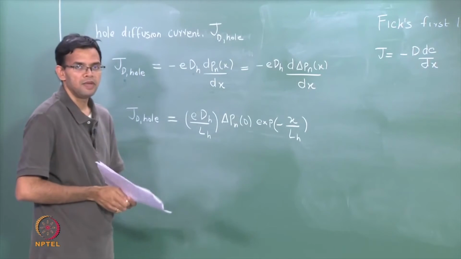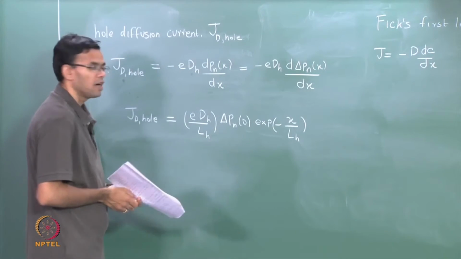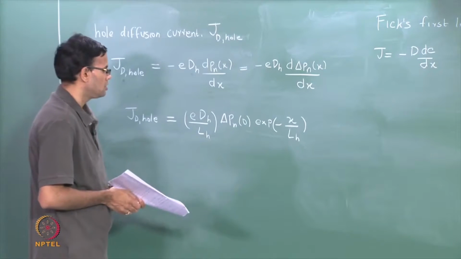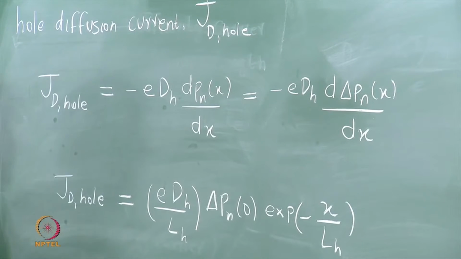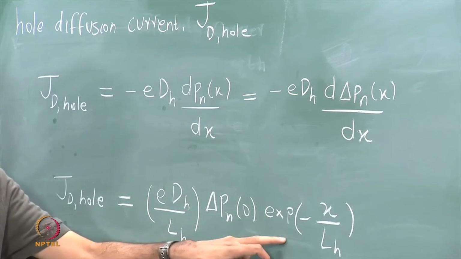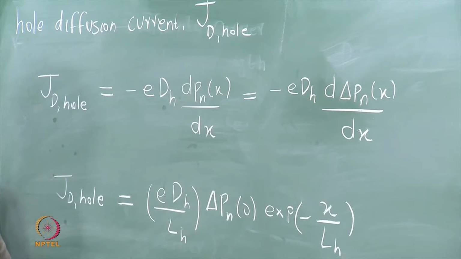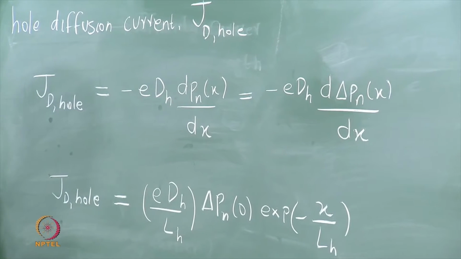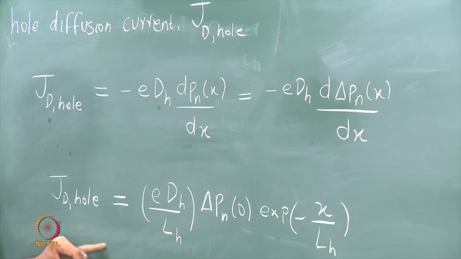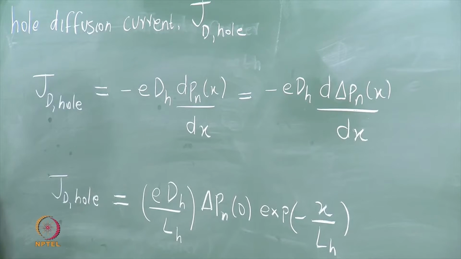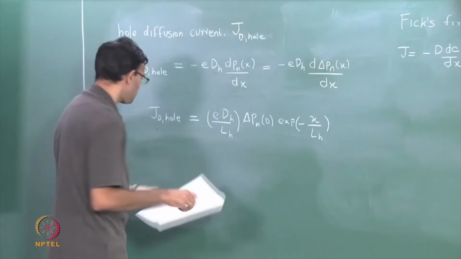You can write a similar expression for the current due to the electrons. So, the current due to the holes is a function of distance. The current due to the electrons will also be a function of distance, but the total current, the sum of these two, will be a constant.